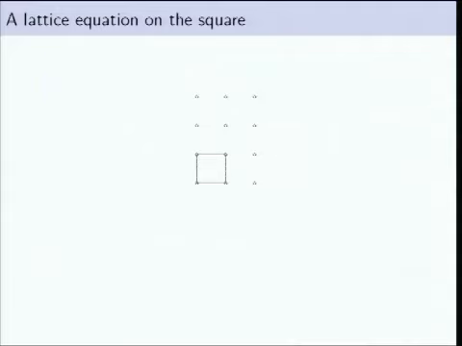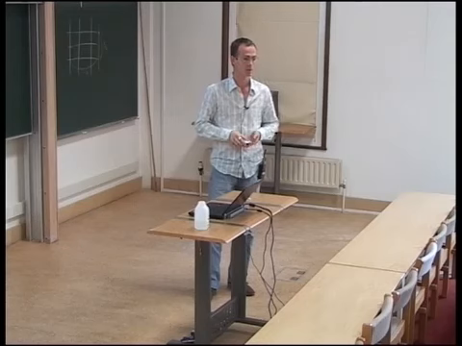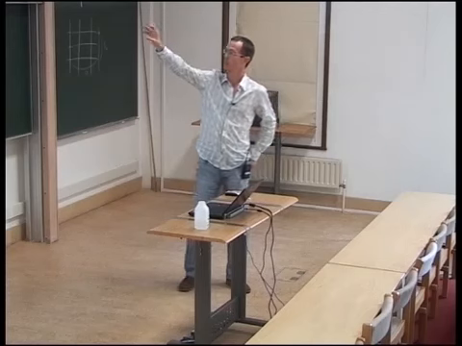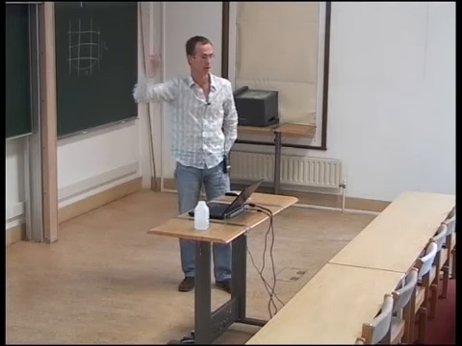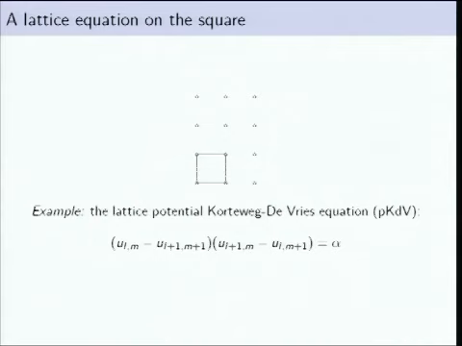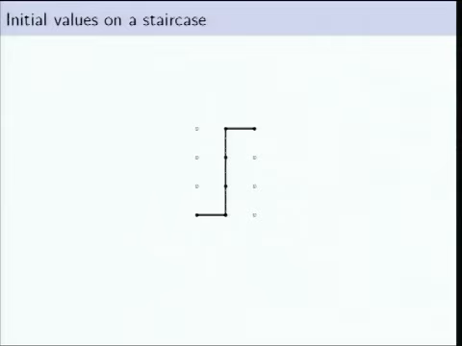So this is the simple setting. We've got an equation which relates 4 points of a lattice, and of course it relates every 4 points on the lattice. This is a famous example, the lattice potential Korteweg-de Vries equation, and this is some initial value problem for it.